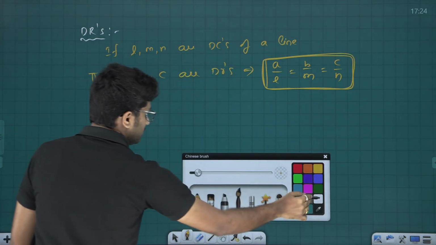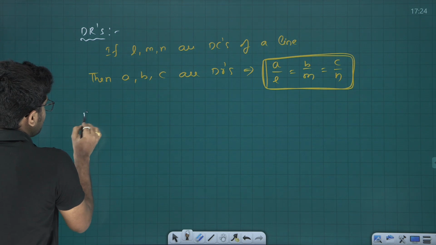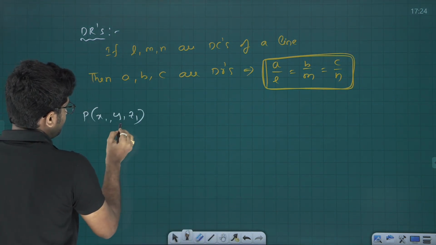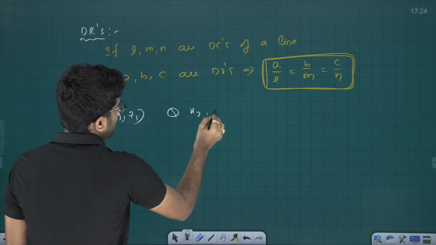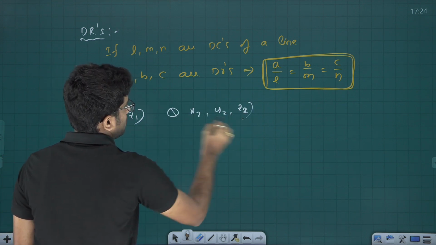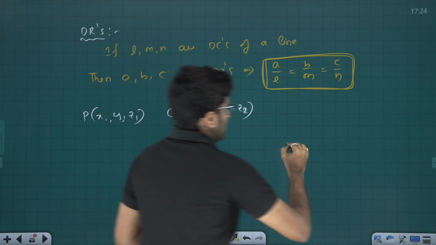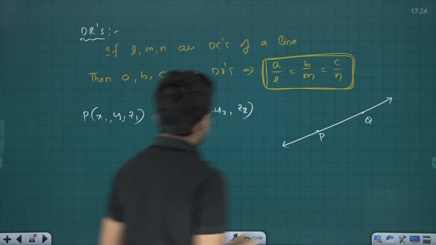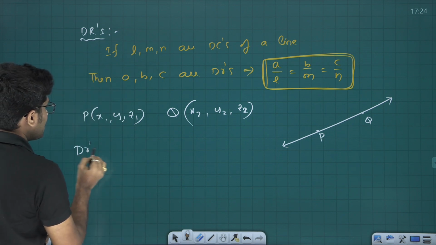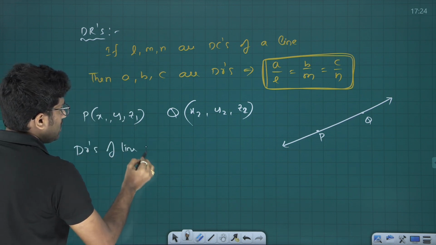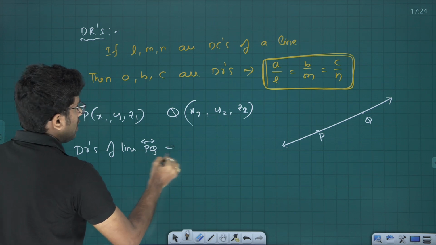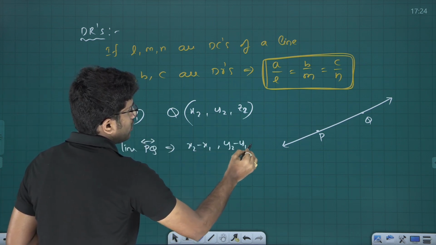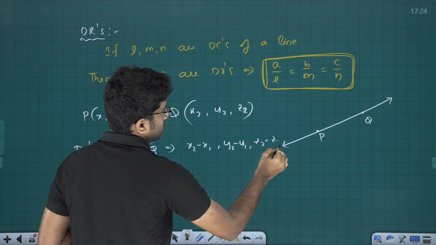Next, if 2 points are given, if P of x1, y1, z1 and Q of x2, y2, z2 are any 2 points, we have a line which is passing through points P, Q. Then number 1, DRs of line PQ are x2 minus x1, y2 minus y1, z2 minus z1.